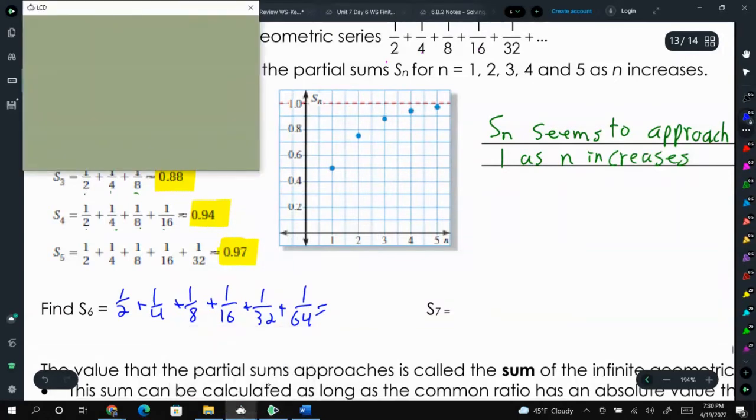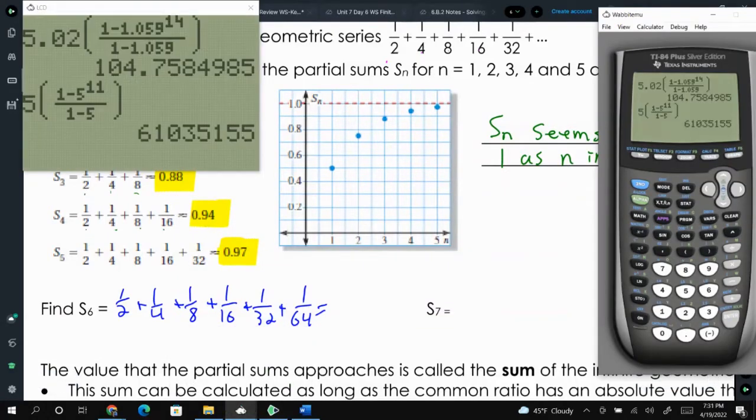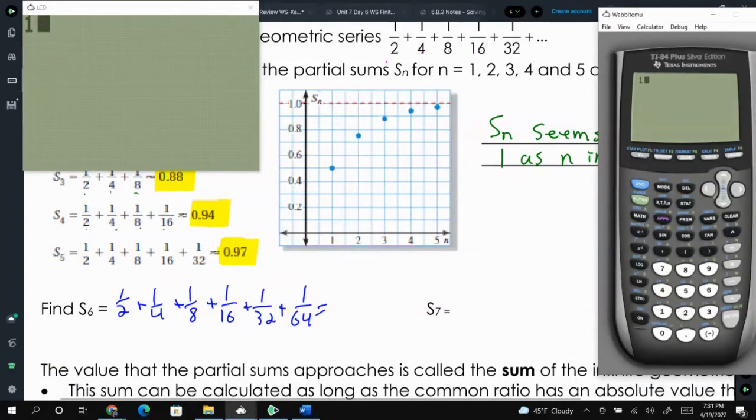So in my calculator, I'm going to do 1 divided by 2 plus 1 divided by 4 plus 1 divided by 8. And you could write these as fractions instead. The reason I'm not is because I want my answer to be a decimal, since all the other partial sums are decimals. So you see we get 0.984.